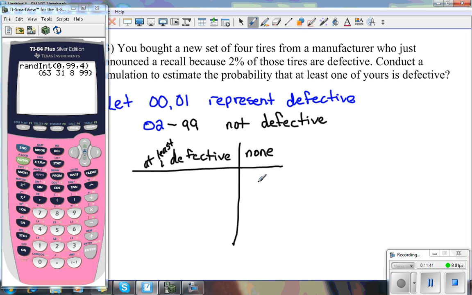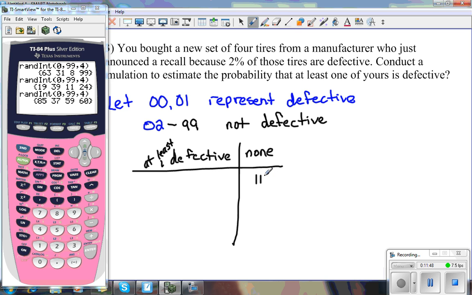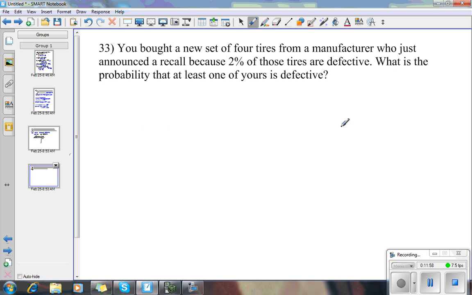So here I'd mark a little tally mark for none. And I do this again, none. Do it again. Okay, and I could go through this process. Now I'm probably going to have to do a lot of trials because my probability of having a defective tire is so small. We don't have to do it with a simulation because now we know another way to go about this.